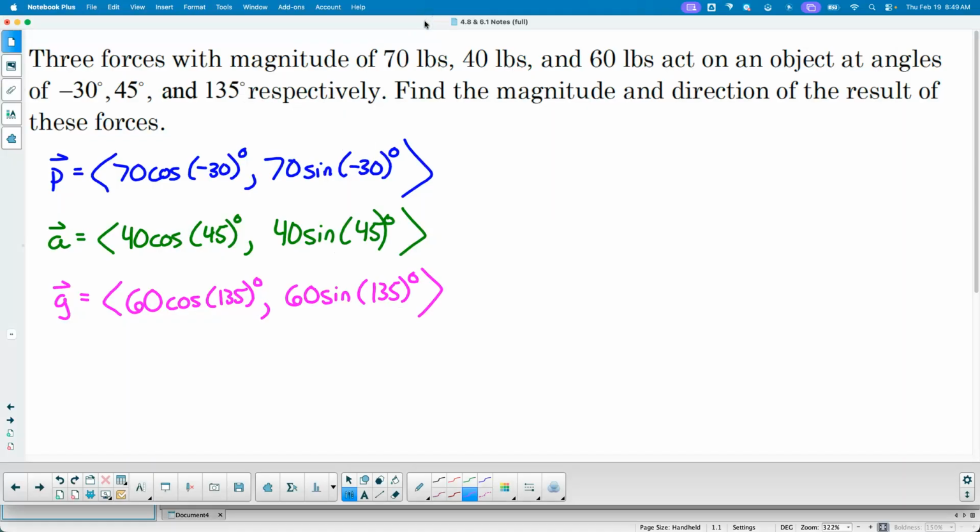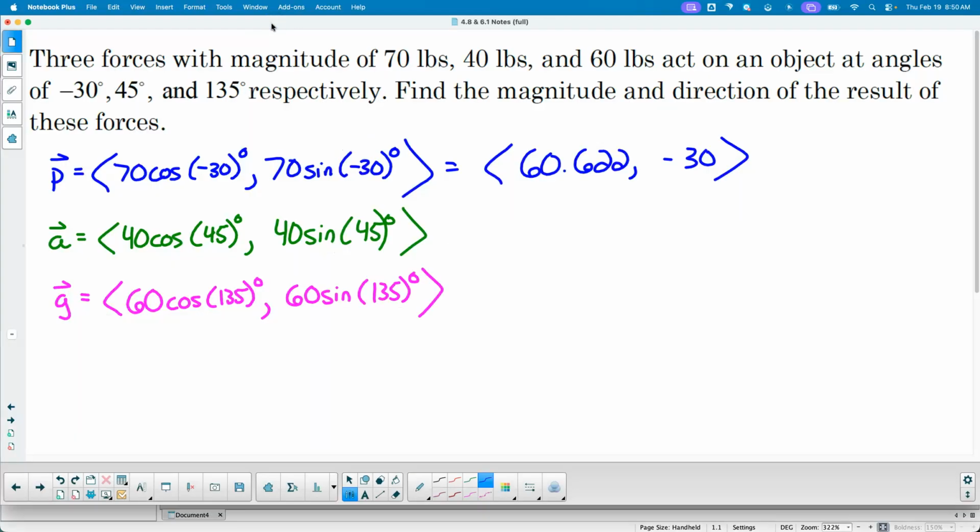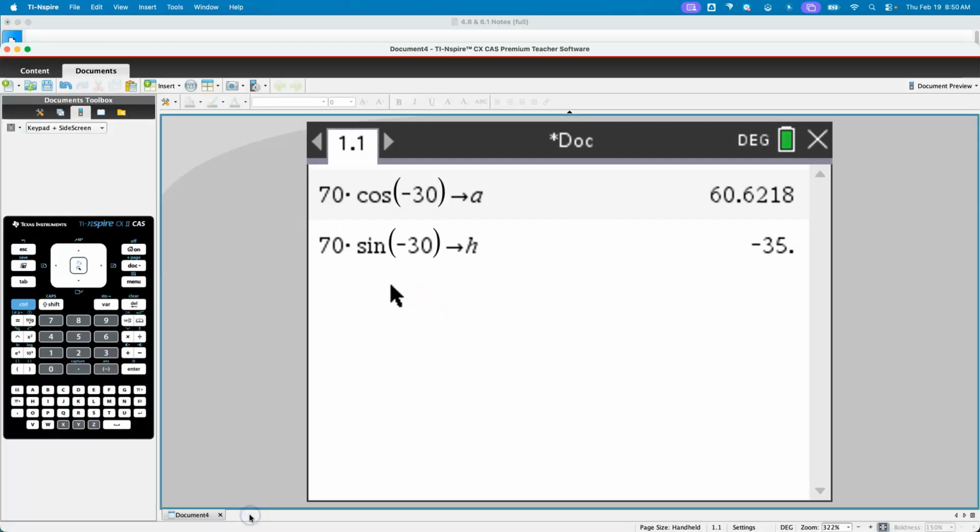60.622. Oh, negative 35. Wait, tap the brakes. 70. It's 35. Yes.